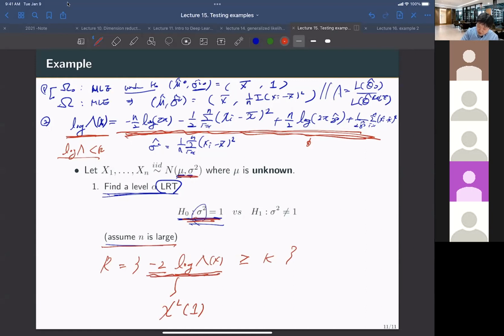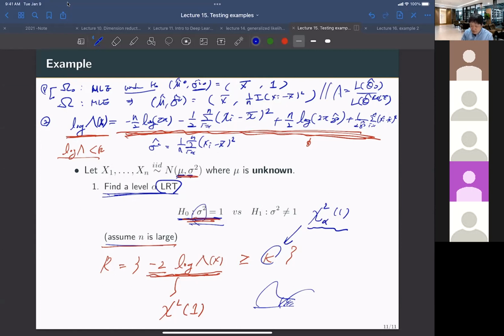So this critical value k will be the chi-square 1 degree of freedom quantile with alpha, just alpha here. So this is the critical value for this test.